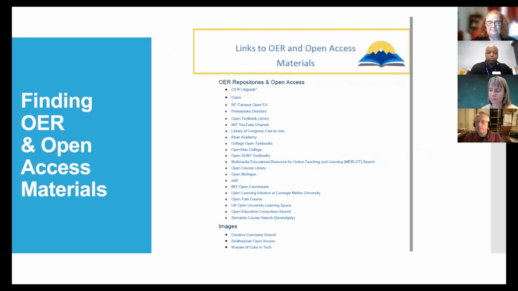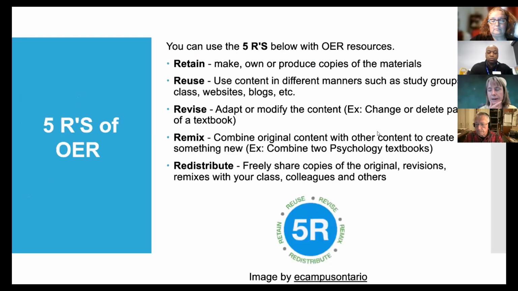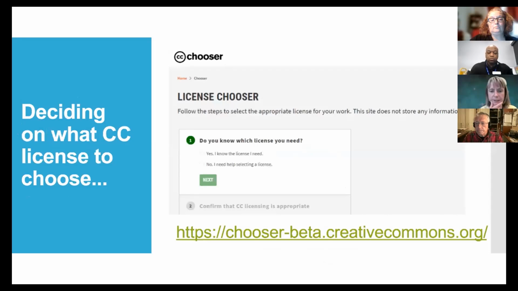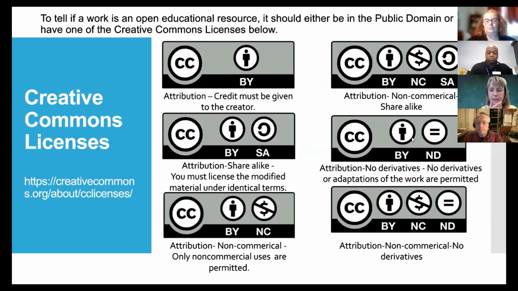Okay. Before I start on where to find OER materials and open access materials, I did want to go back to the different kinds of Creative Commons licenses. The one with the equal sign, which I could never figure out at first, is the no derivatives license.